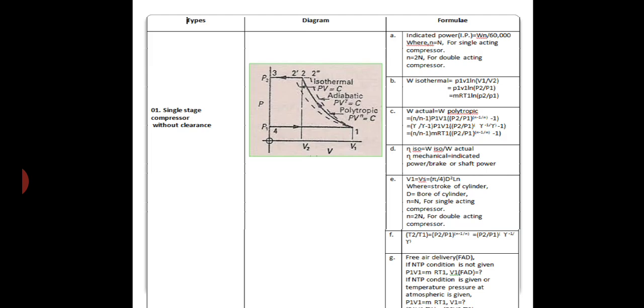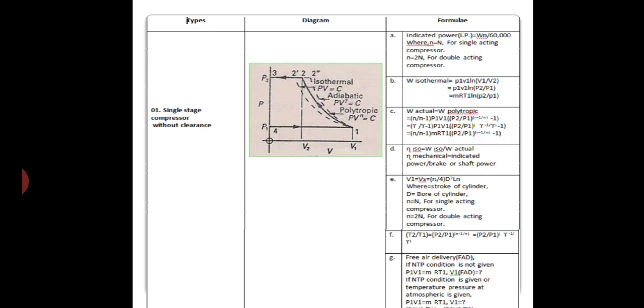So V1 is equal to Vs, which we are finding as pi by 4 d square into L into n, where L is the stroke of the cylinder, d is the diameter of the bore, and n is, whenever we are going to substitute, for single acting and double acting compressor, as we have discussed previously: n is equal to capital N for single acting, n is equal to twice N for double acting, and Vs is the stroke volume of the cylinder we are finding.